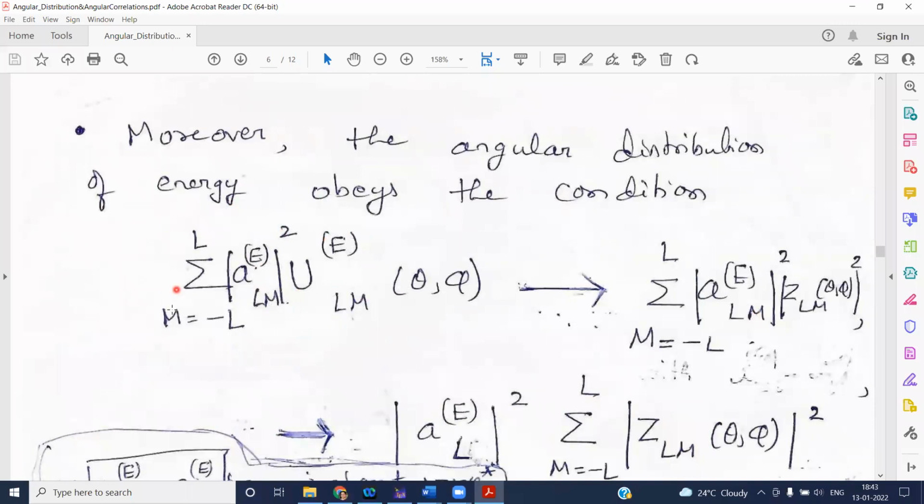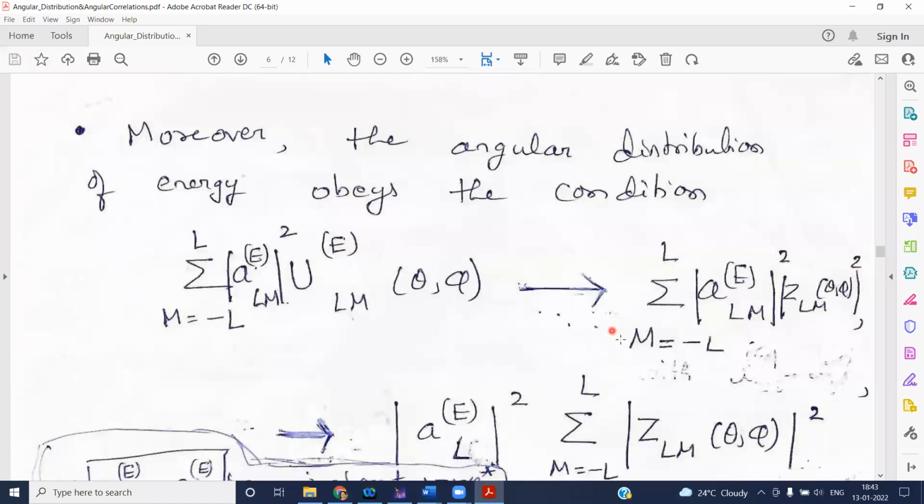Now I sum over M value, which takes values from -L to +L. If I take a summation here, what do I get? I get Z_LM, not mod squared. Please check the expression for U_ELM; it doesn't have a mod squared there. That is my mistake, so don't add that. So A_ELM mod squared, Z_LM of theta phi. That's what I will get.